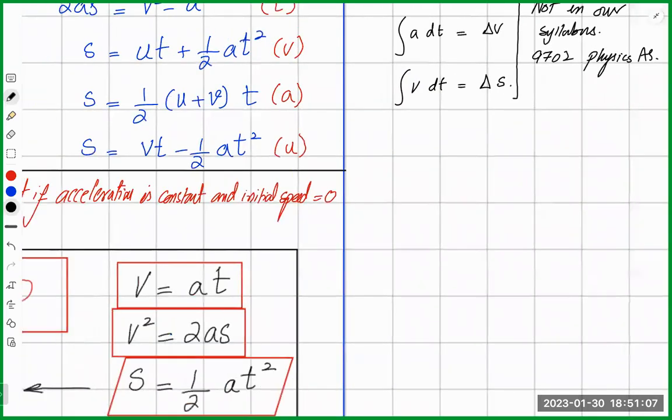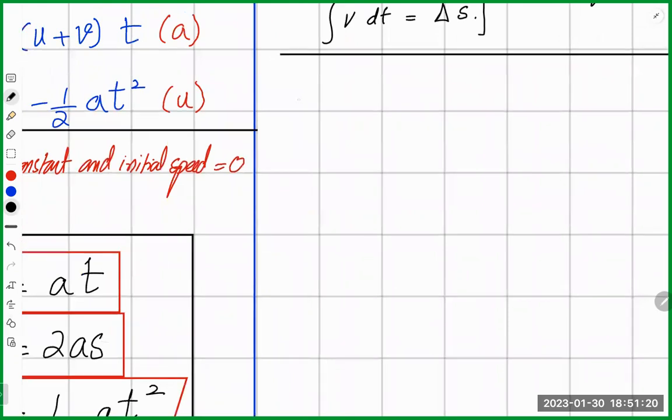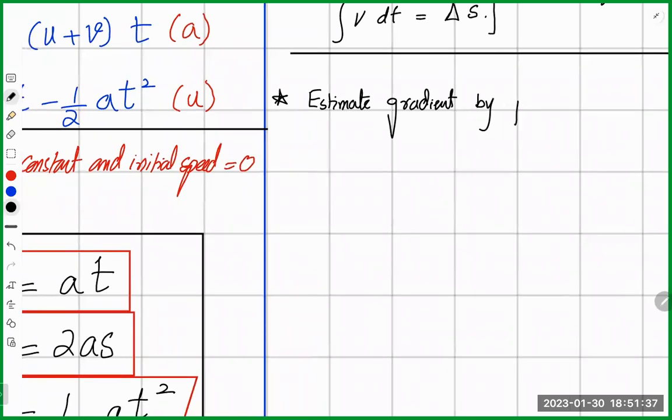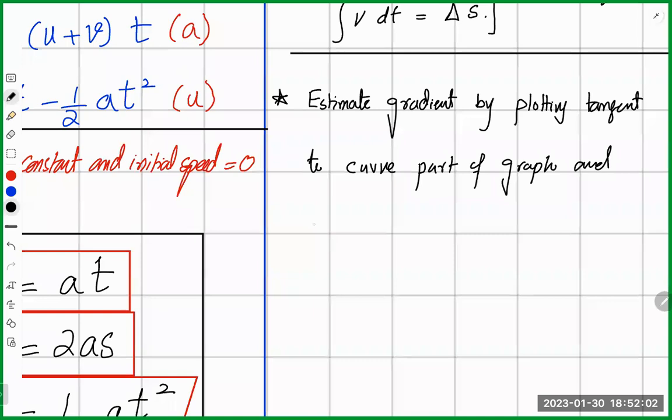Now, what you'll be studying here about non-uniform acceleration: estimate gradient by plotting a tangent to the curved part of the graph and selecting 2 points on it.